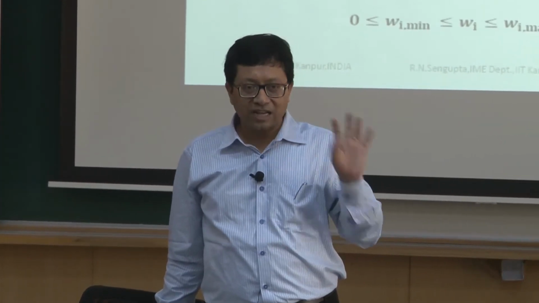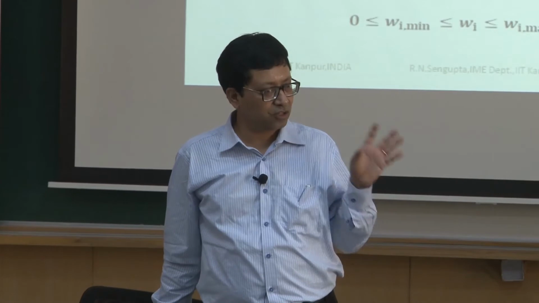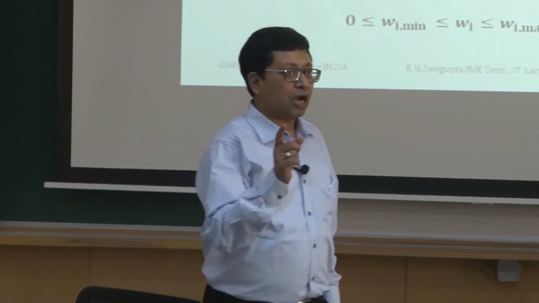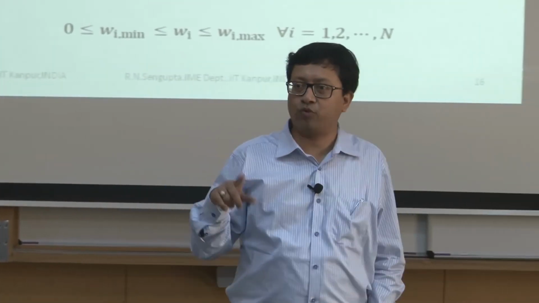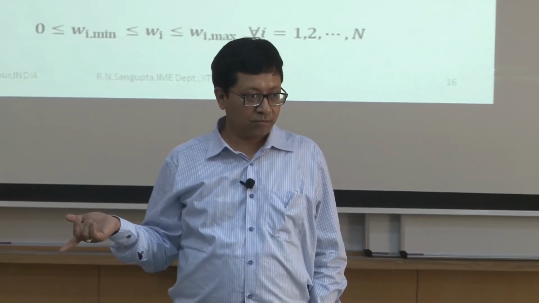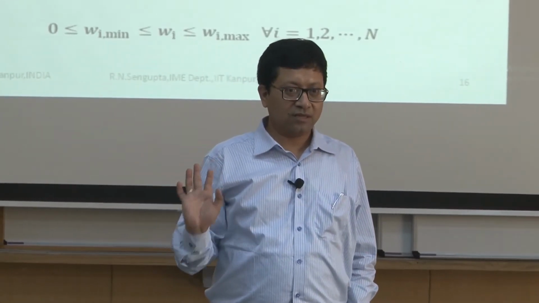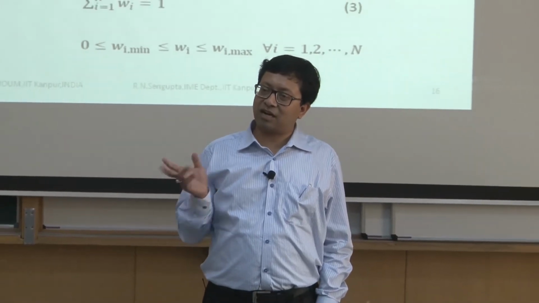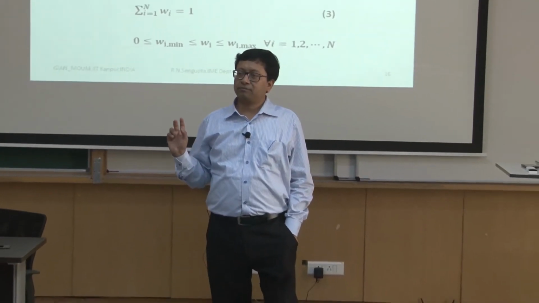Underestimation is more penalized than overestimation. Underestimation means 120 versus 118, versus 120 versus 122. Does it make sense? So, in this case underestimation is more penalized.